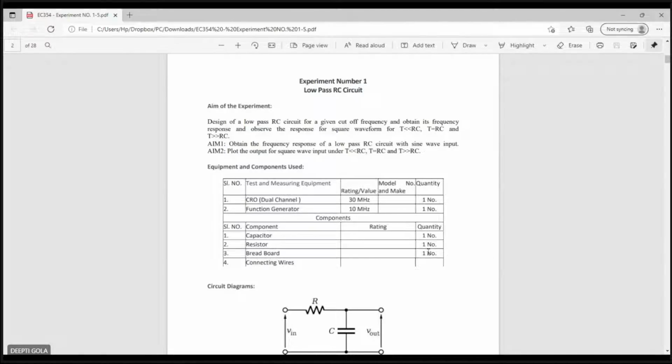My screen is visible to all of you. Yes, ma'am. Okay, so this is your first experiment, that is the low pass RC circuit.